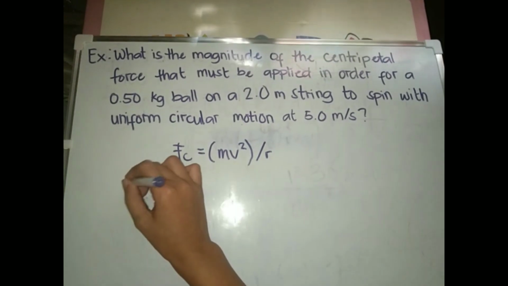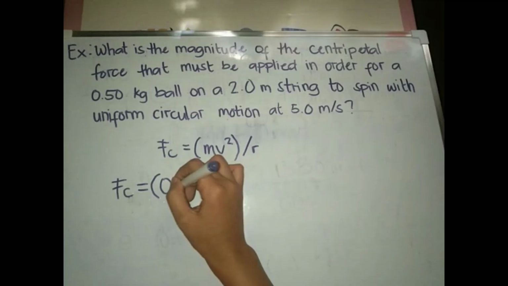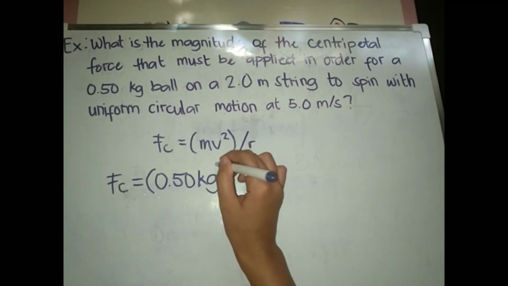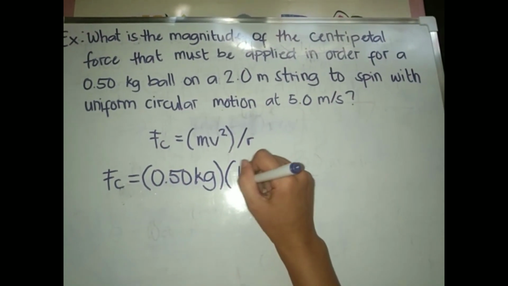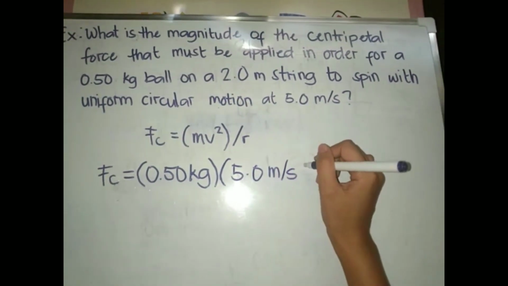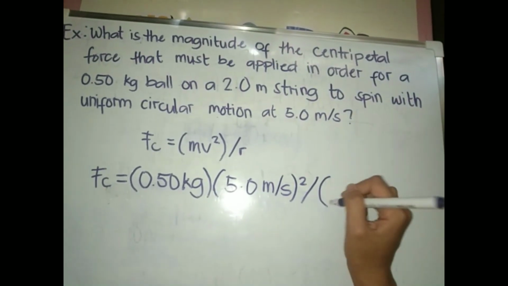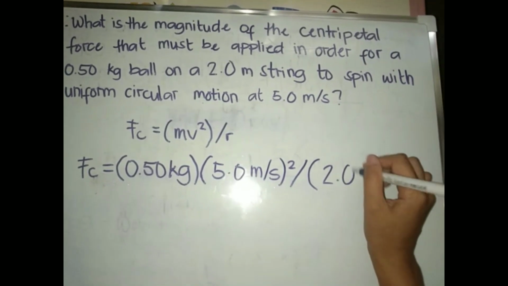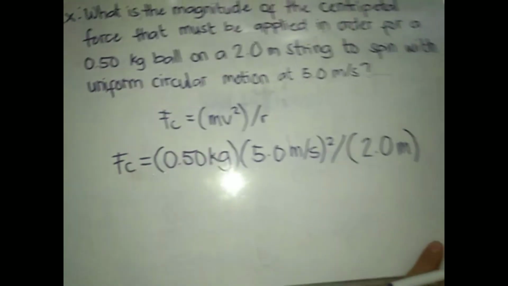Then Fc equals 0.50 kg times (5.0 m/s) squared over 2.0 m.